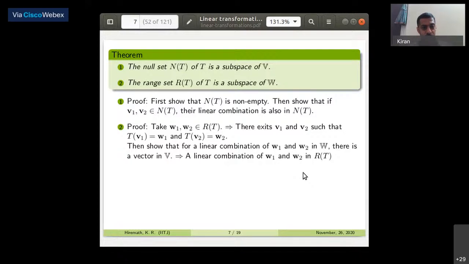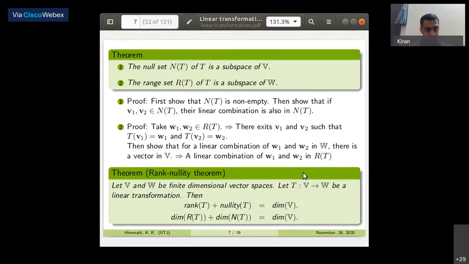We need to verify whether this linear combination of W1 and W2 also belongs to the range of T. Yes, by the linearity of T. So in this case, we transfer all the operations to V. We do the operations on V and then see what is happening in the range of T, and then we can prove this. And this gives us another important theorem, the rank-nullity theorem.